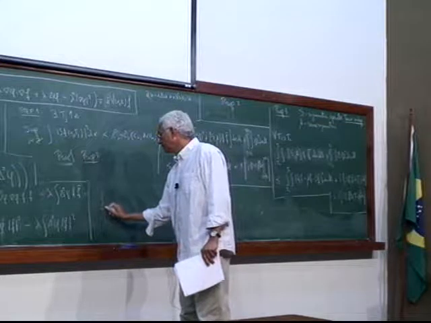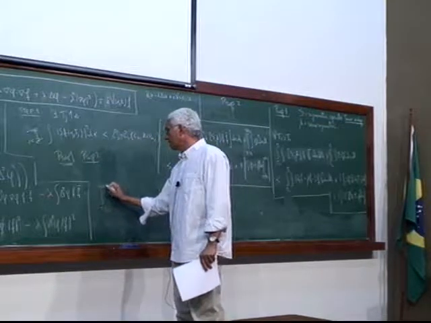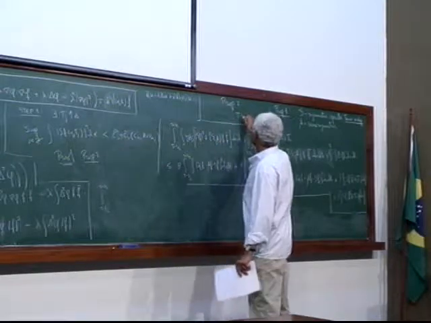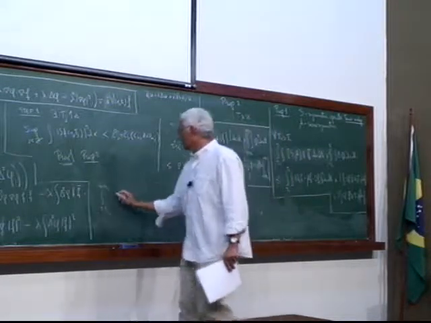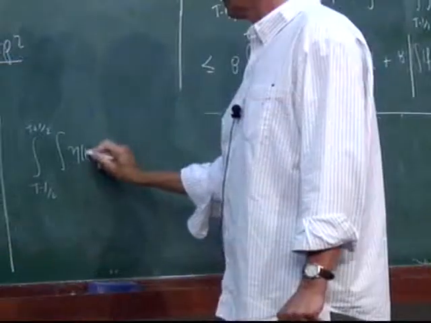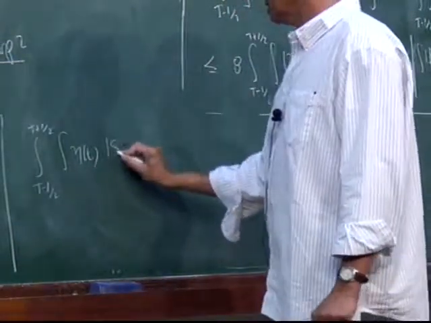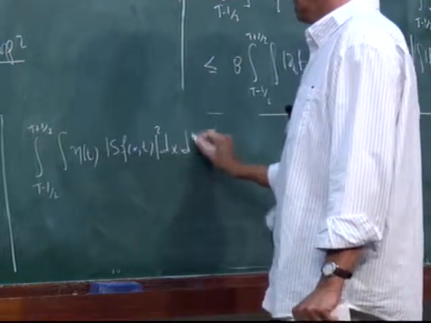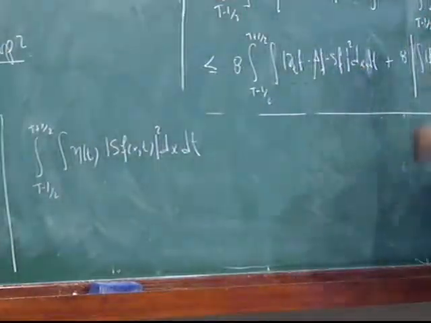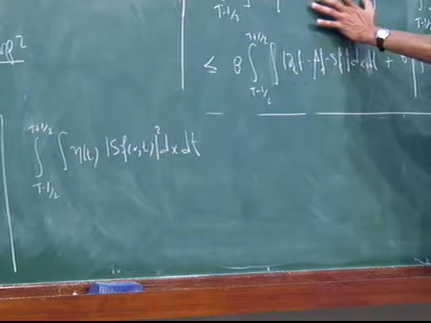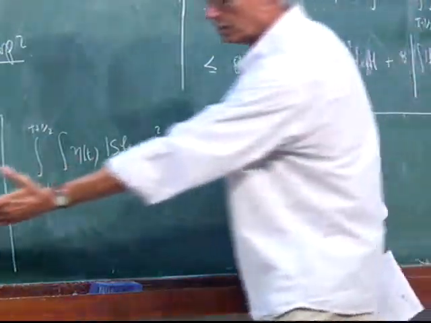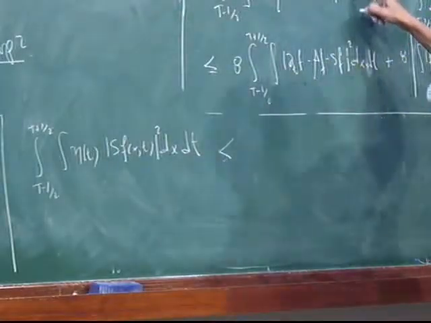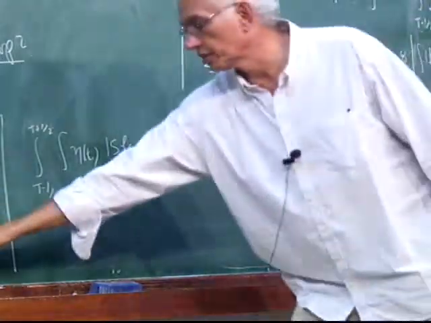The integral between t minus 1/2 and t plus 1/2, for any t larger than 1/2, of the integral of S f of x t squared dx dt is less than what? This part is positive, okay, but you have a piece that is not okay. You have to pass this to the other side. Then this part is positive except for this piece that you pass to the other side.